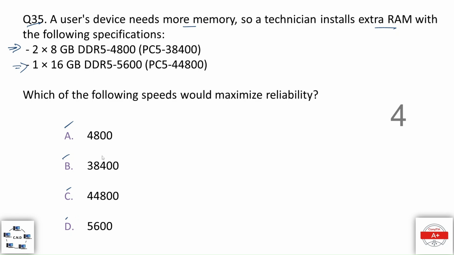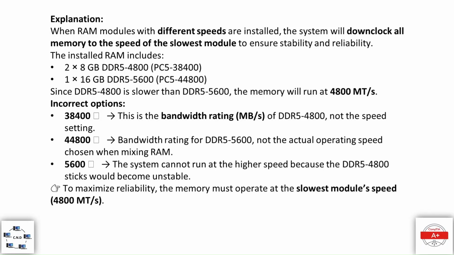And the correct option is option A, 4800. And the explanation for this correct option is, when RAM modules with different speeds are installed, the system will downclock all memory to the speed of the lowest module to ensure stability and reliability.